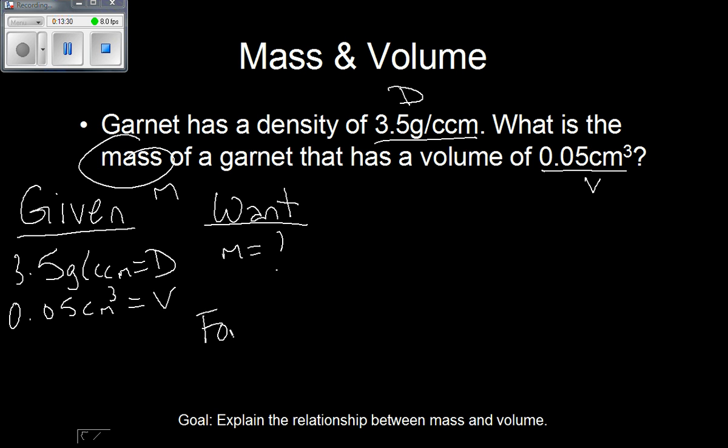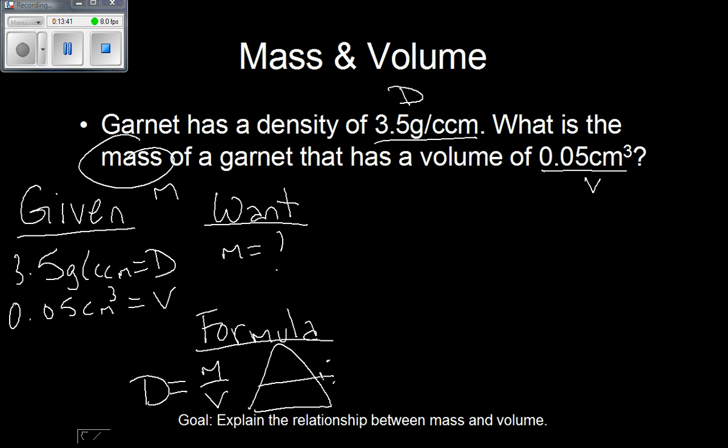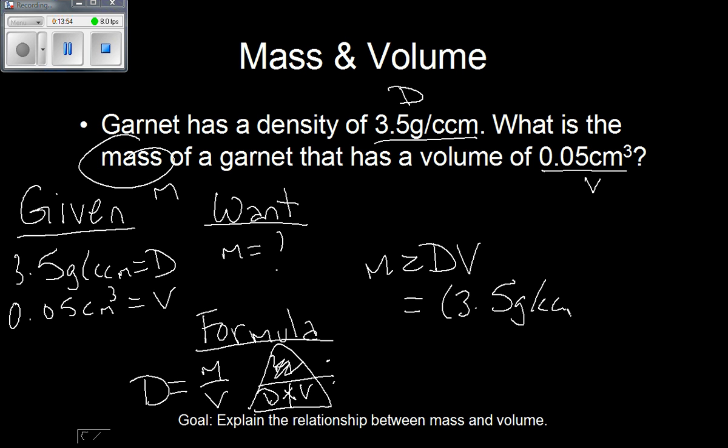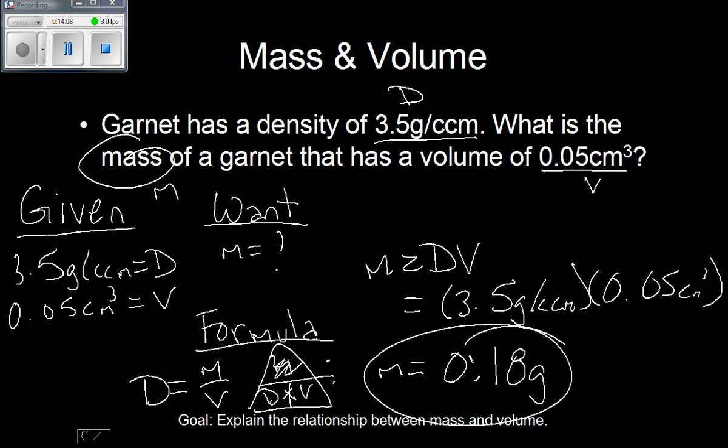And then figuring out what formula you need to use. So we end up with mass is density times volume. So 3.5 times 0.05. We end up with 0.18 grams for our mass.